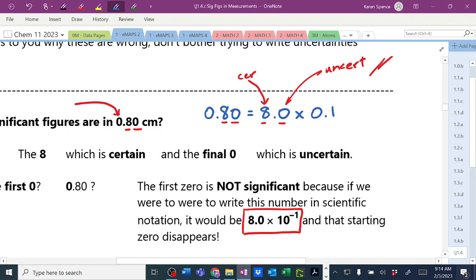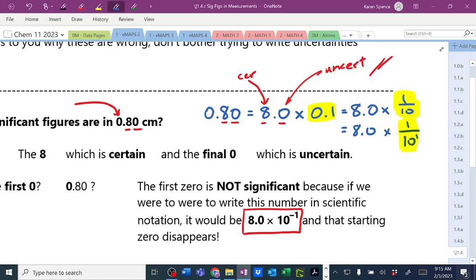That would equal 0.8. 8 times 0.1 is 0.8. Now I could rewrite that as 8.0 times 1/10, because 1/10 is 0.1. And I could rewrite that as 8.0 times 1 over 10 to the 1, because any number to the power of 1 is itself, so 10 to the 1 is 10.